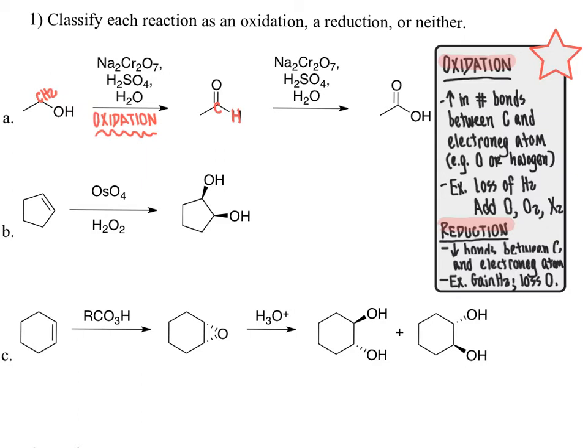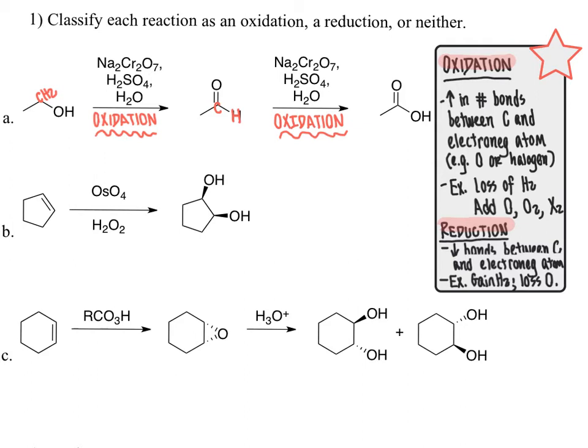Therefore, this reaction is also classified as an oxidation because we're increasing the number of bonds between carbon and the electronegative oxygen atom, and as a consequence decreasing the number of carbon-hydrogen bonds, which is a very common theme we'll see. So onward to the next question.